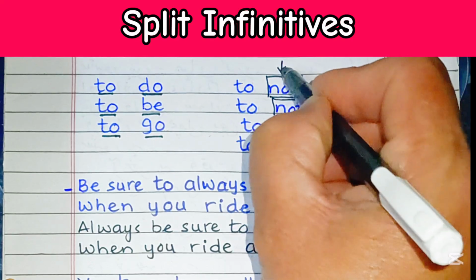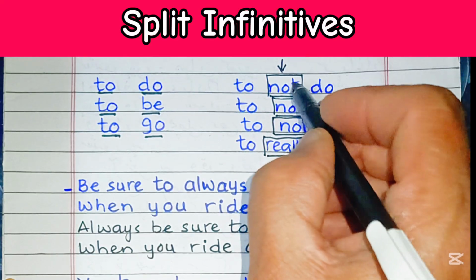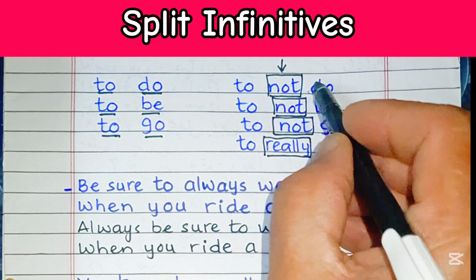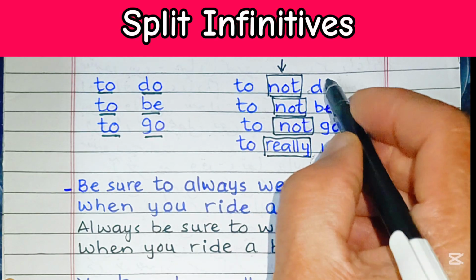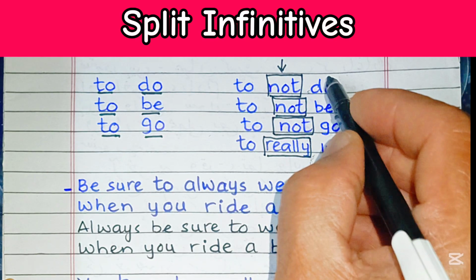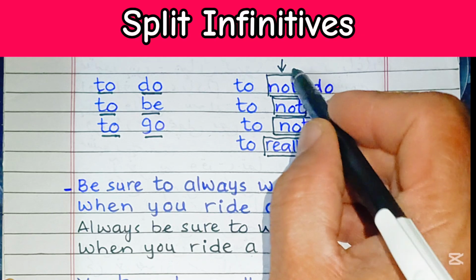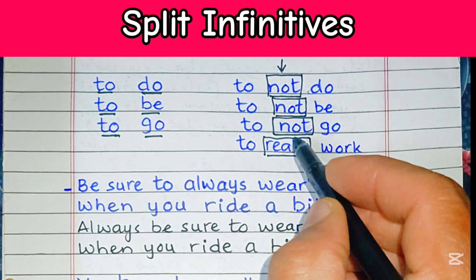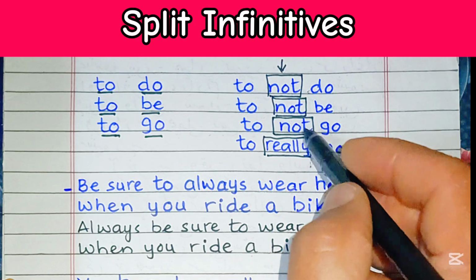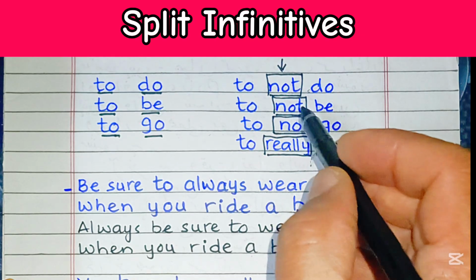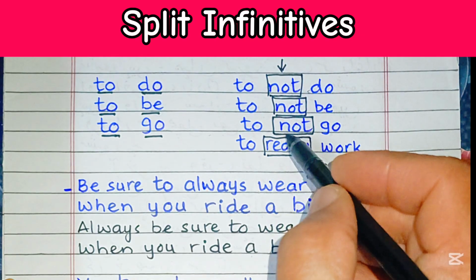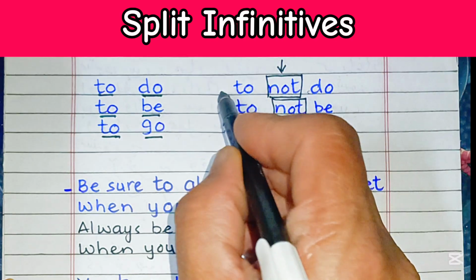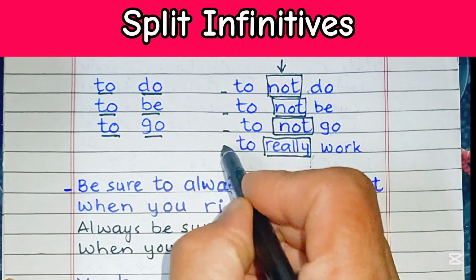So once this word goes here between to and the simple form of the verb over here, not, really, or something like that, that's a split infinitive. So these are 4 examples of split infinitives.